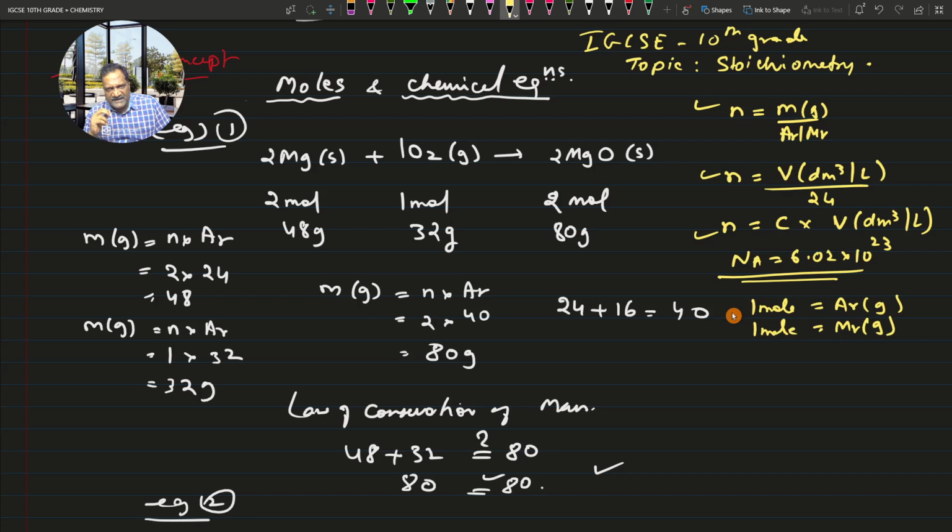So this is also another way of understanding the meaning of molar mass. These are nothing but molar mass, and this is something called atomic mass.